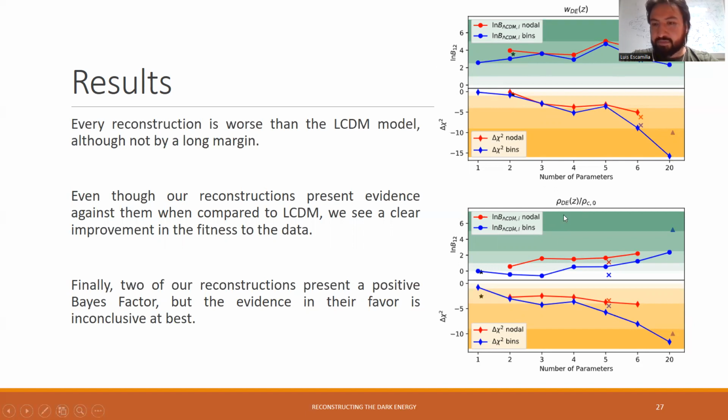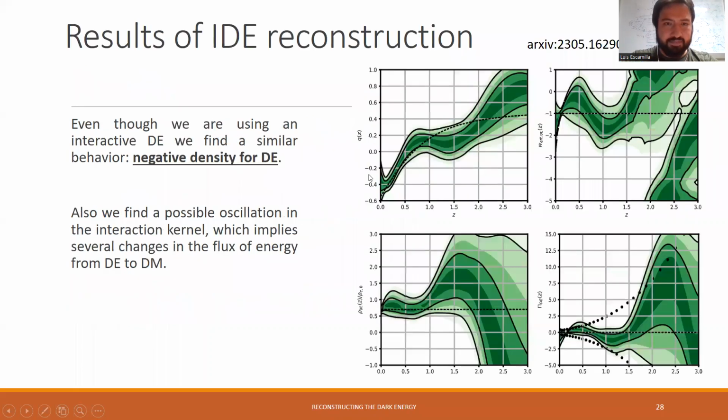But when reconstructing directly the dark energy density, we observe an interesting feature, which is that we have a positive bias factor for two of the reconstructions, but it's a really low positive, so it's evidence in favor, but it's inconclusive at best. So we need to be very careful about what we conclude with our reconstructions.